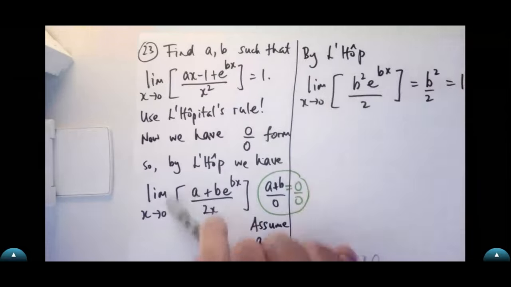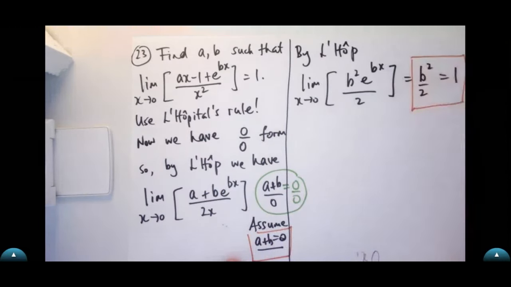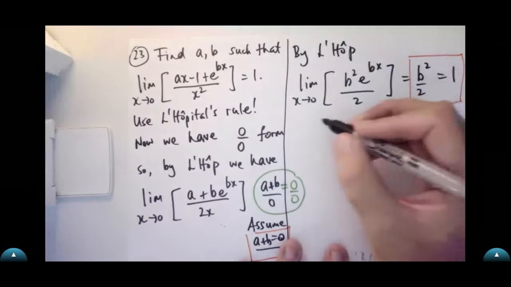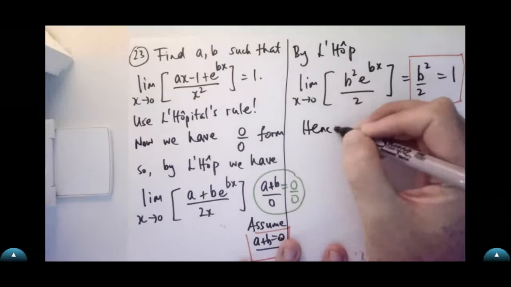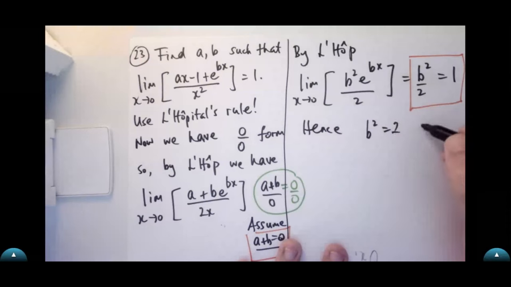And we want this limit to be 1. So now we've got two conditions. We've got a plus b equals 0 and b squared on 2 equals 1. So let's solve them. b squared is 2, so b is going to be plus or minus root 2.